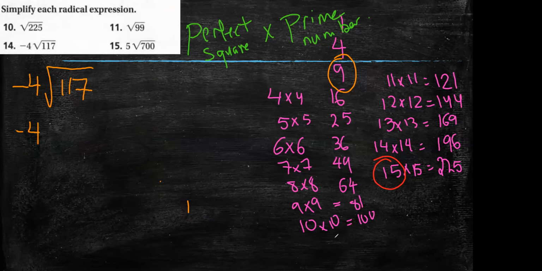I don't want to factorize it. I only factorize the number under the square root, which is 117. Give me two numbers. If you multiply them, you get 117. One of them is a perfect square number.